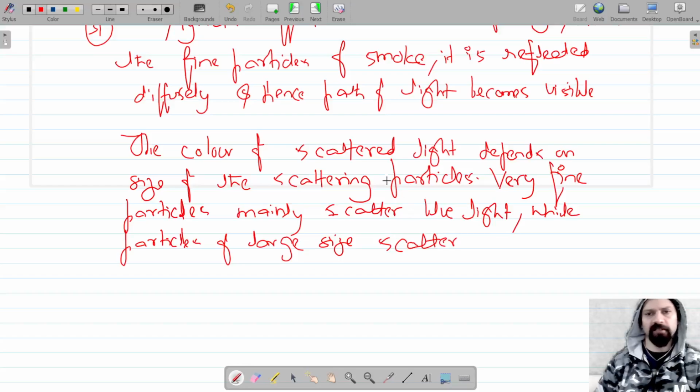If the size of the scattering particles increases, they scatter light of longer wavelength.